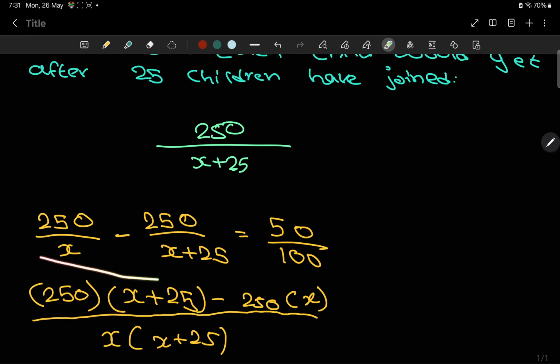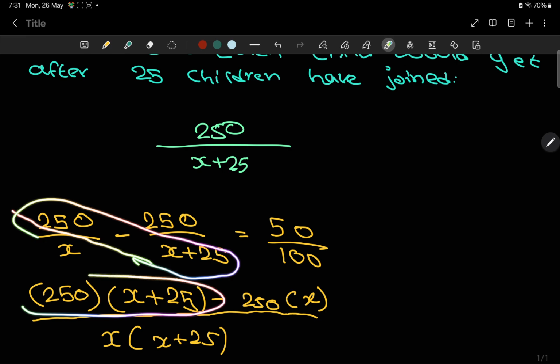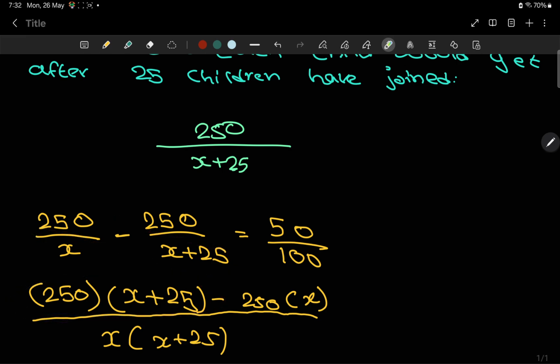We have multiplied 250 into x plus 25, and as there is a minus sign here, we have subtracted it.